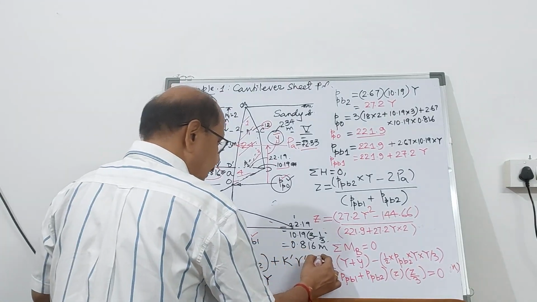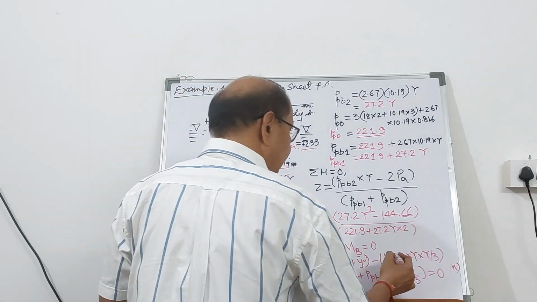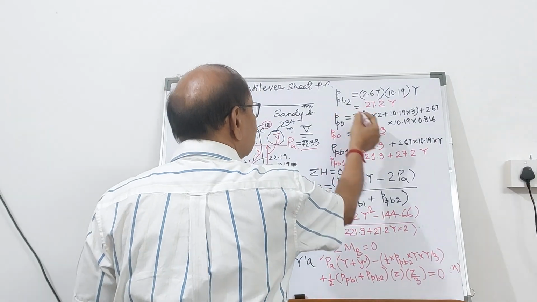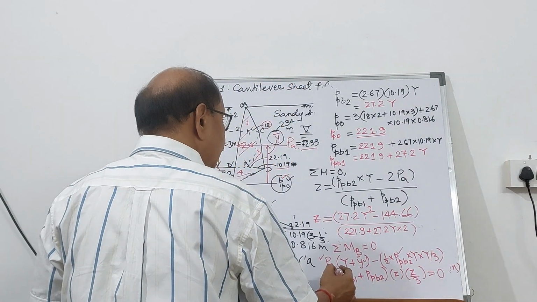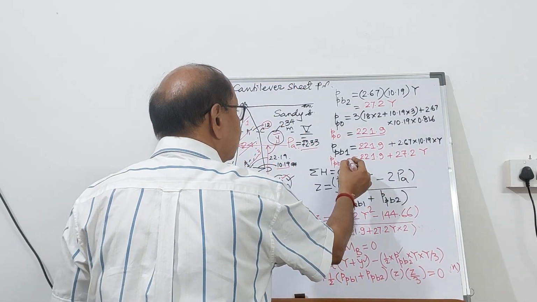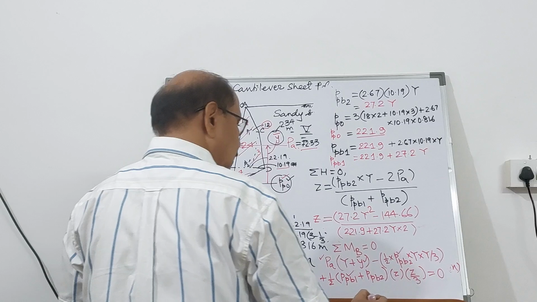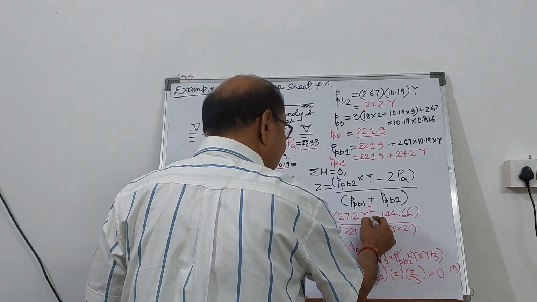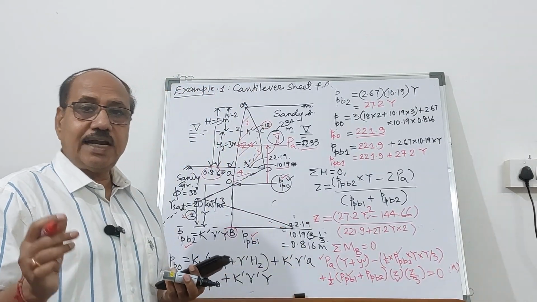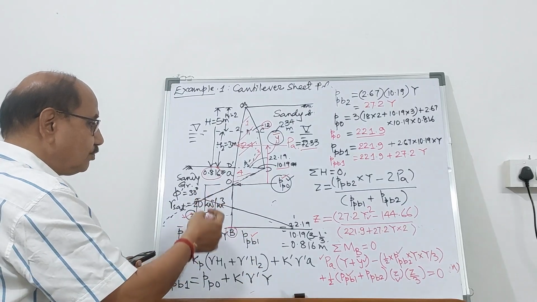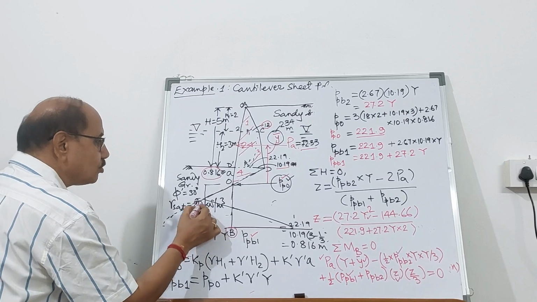Now PA is known to me, Y bar is known to me, PPB2 is already known to me in terms of Y, PPB1 is also known in terms of Y, Z also in terms of Y. Therefore, friends, you will get one equation in terms of y, and therefore you will be able to calculate this y.